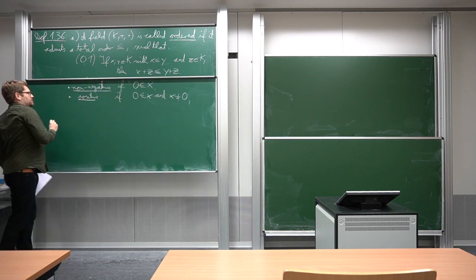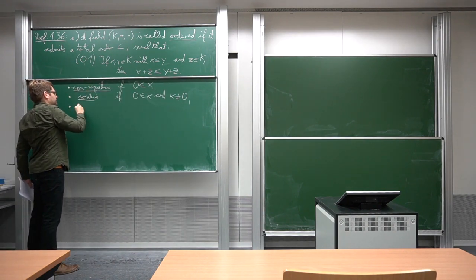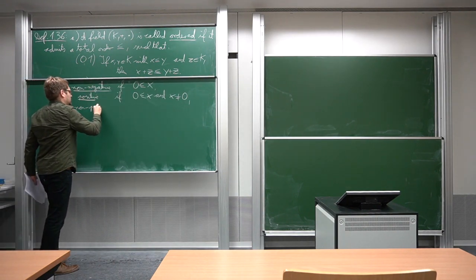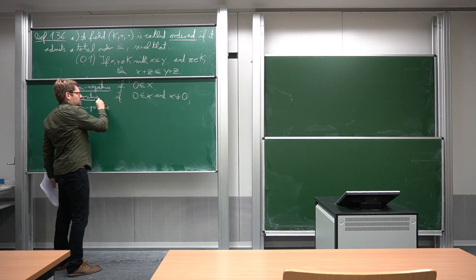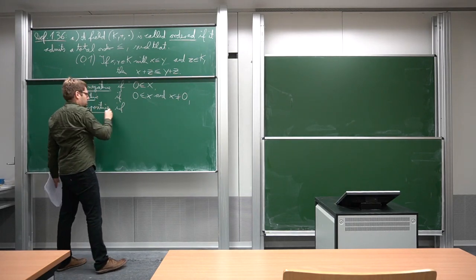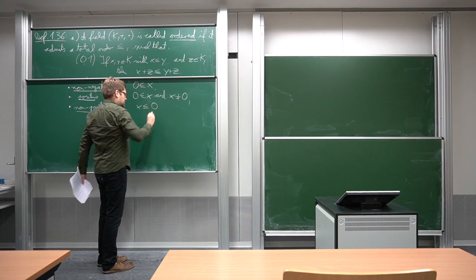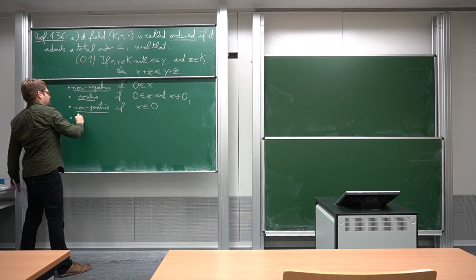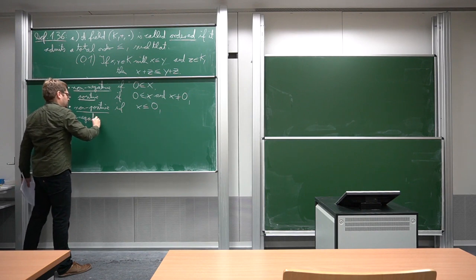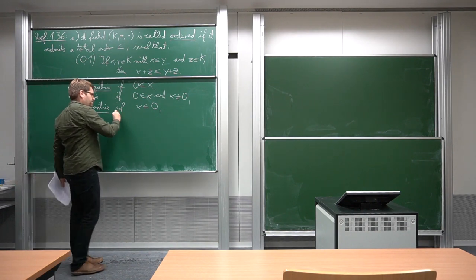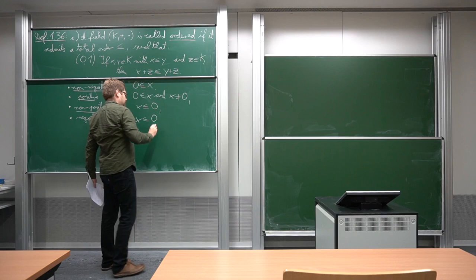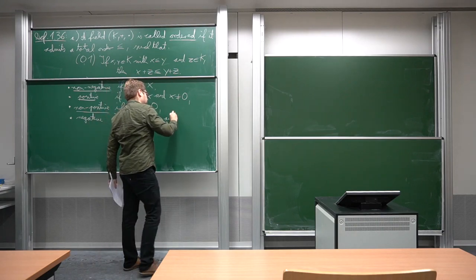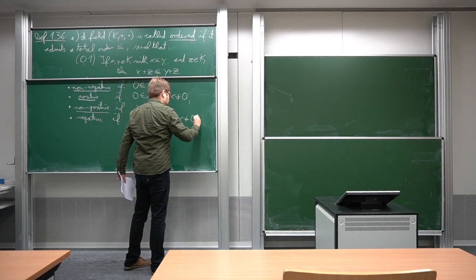And now the same thing in the other direction. We can also say non-positive if x is smaller than or equal to 0, and finally negative if x is smaller than or equal to 0 and x is not equal to 0.